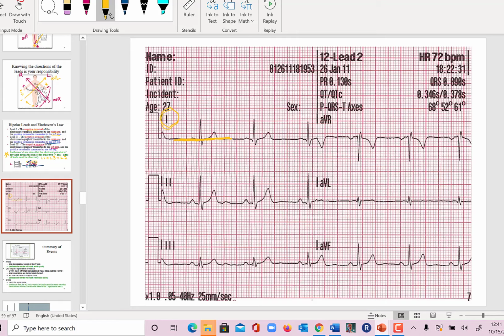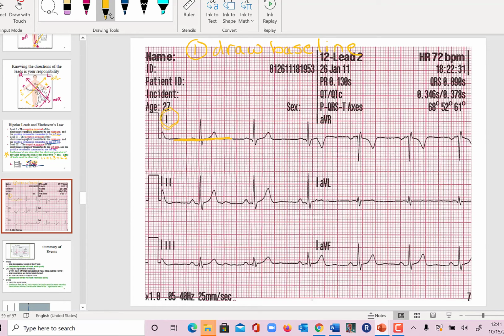And by the way, all of these instructions are actually described to you in your mean electrical axis instructions, and I'll show you that in just a moment. But first step, we're drawing a best fit line through baseline. Draw baseline.